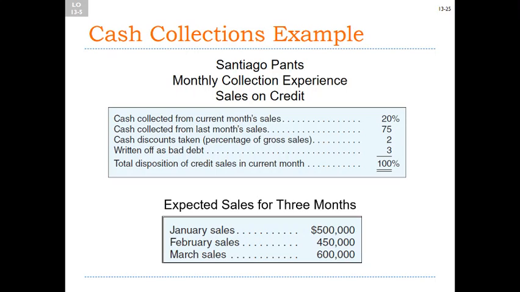And so what they're doing here is a quarterly cash collections budget. So January, February, March, they expect sales for those months to be 500,000, 450,000, and 600,000 respectively.